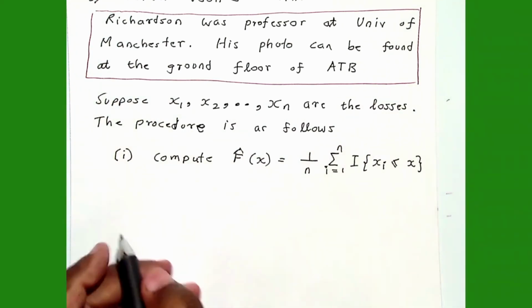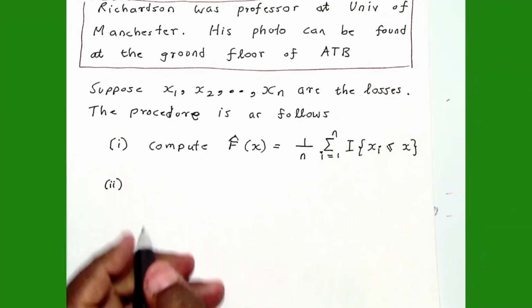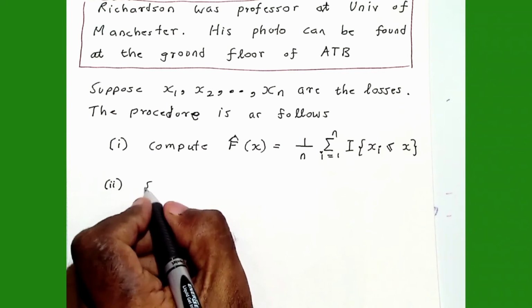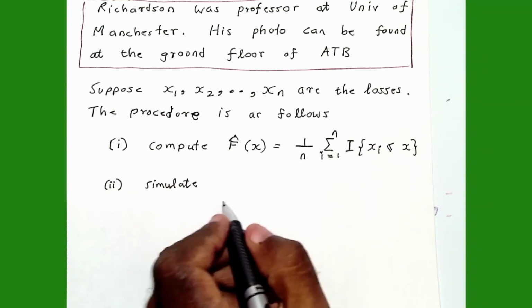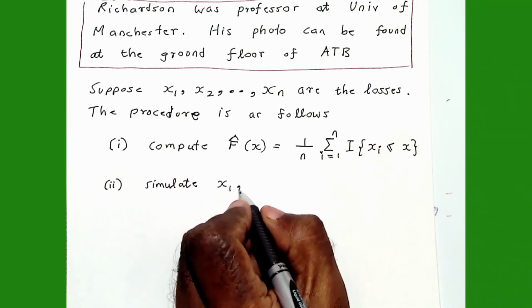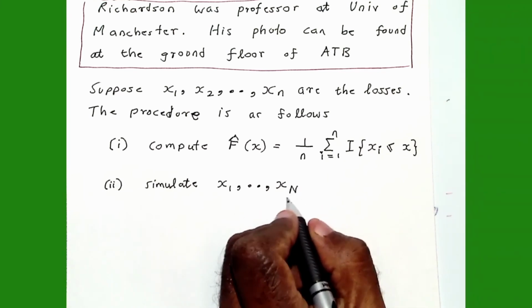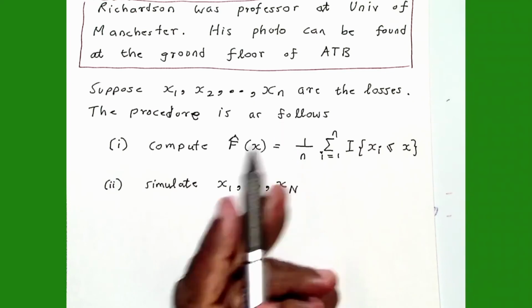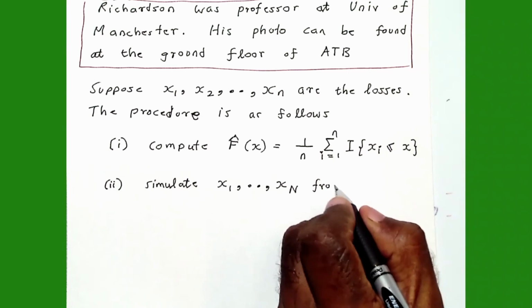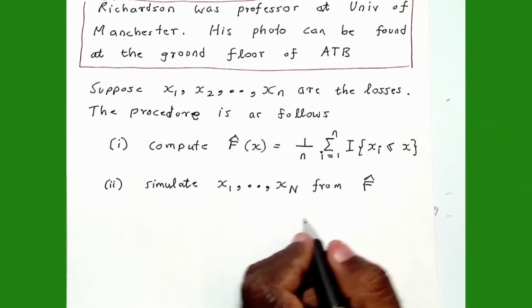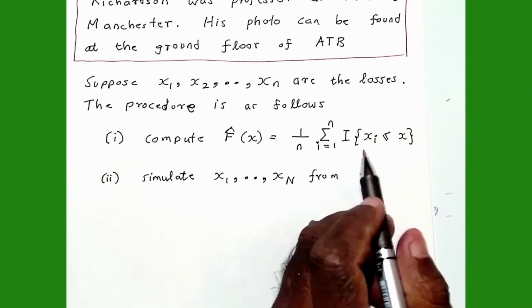And step 2, simulate a random sample of size N. Here capital N need not be the same as little n. They may not be equal, from f hat. And as I said before, there are methods in R for simulating from the empirical CDF.